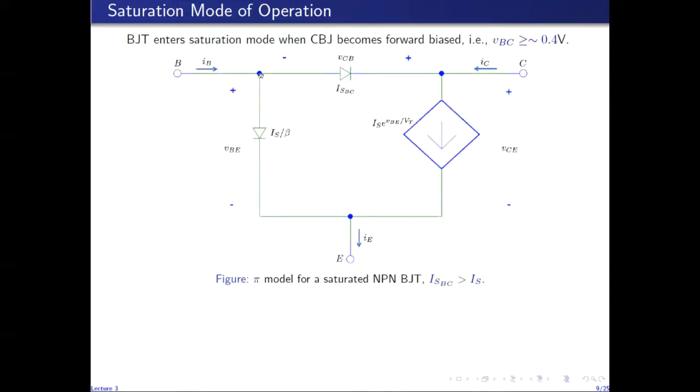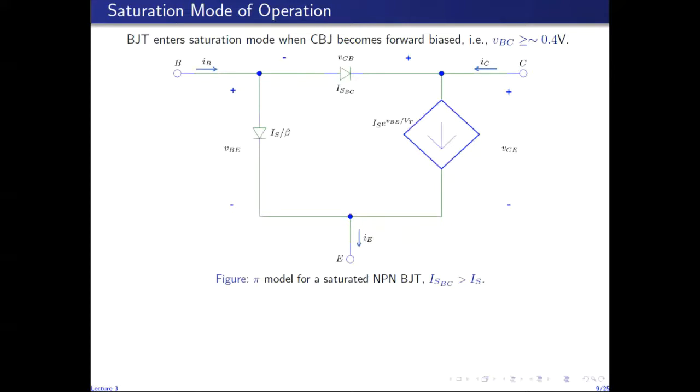we can augment the pi model with another forward biased diode, but in this case with a different scale current. Because the scale current depends on the cross-sectional area of the PN junction. So for the collector-base junction, the scale current is directly proportional to the cross-sectional area of the collector-base junction.